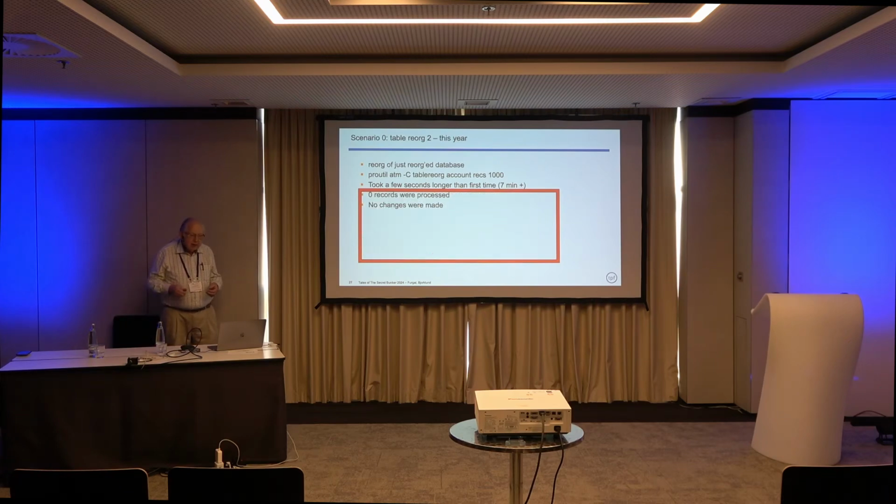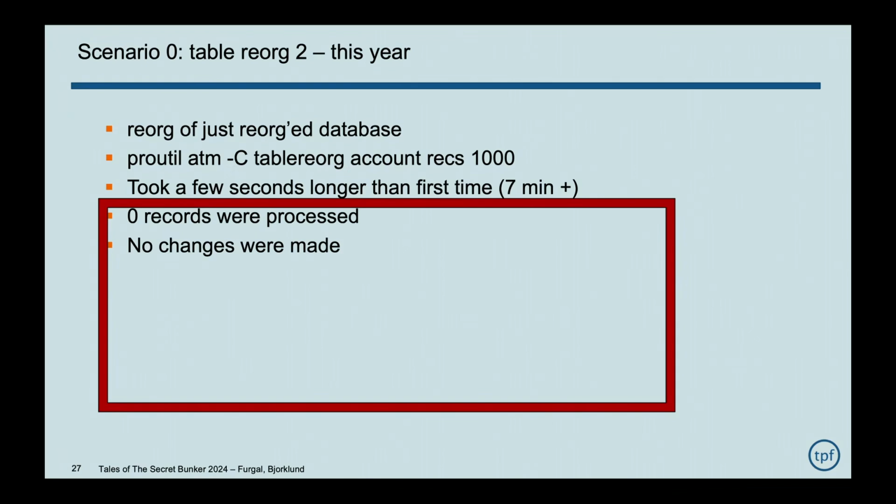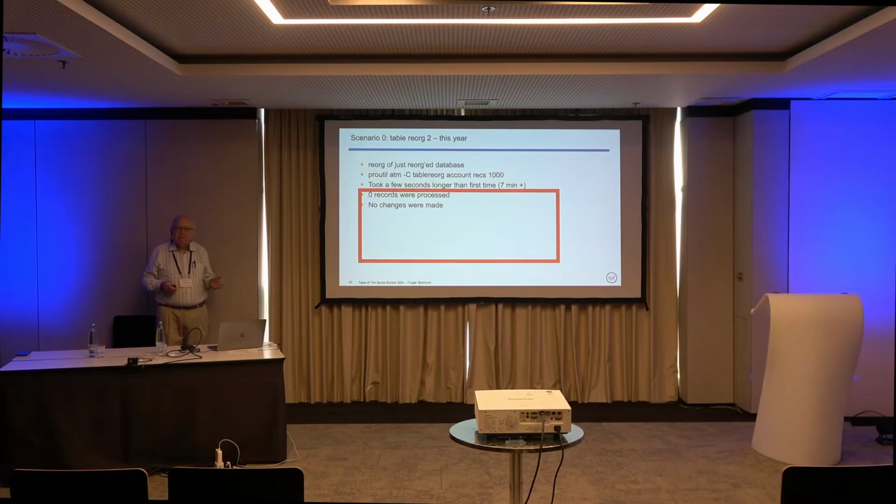So this year, when you do that, you get this result. So if you reorg and then reorg again, this is what happens, which is what it's supposed to. All right. So that explains why I'm embarrassed.